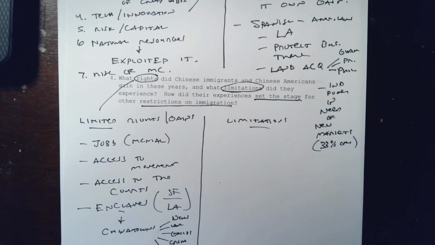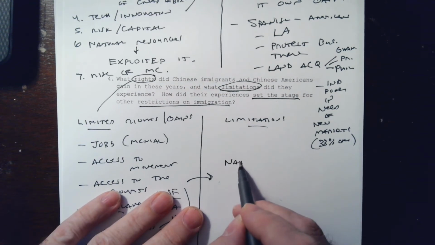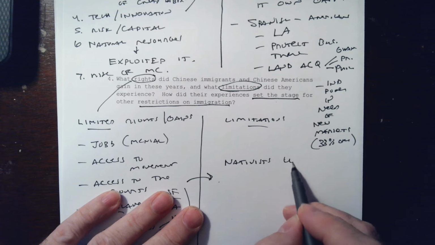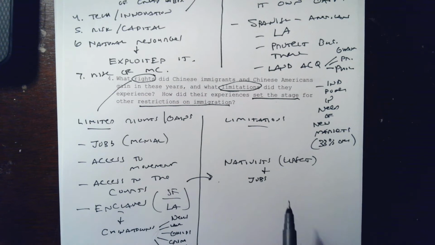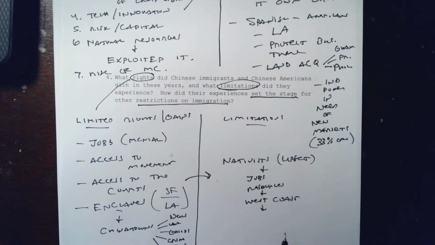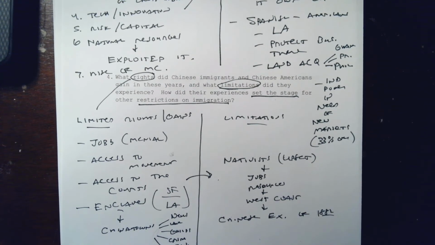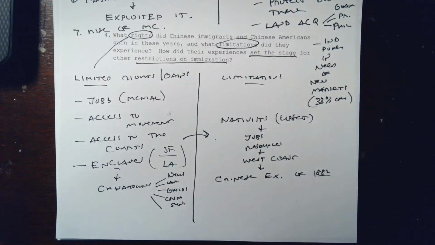So when we start talking about these limitations, what's going to happen is nativists are upset because they believe jobs and resources are being taken from them, and this is largely on the West Coast. And they're going to pester Congress to pass the Chinese Exclusion Act of 1882, which basically put the kibosh on freedom of movement and immigration for Asian Americans.